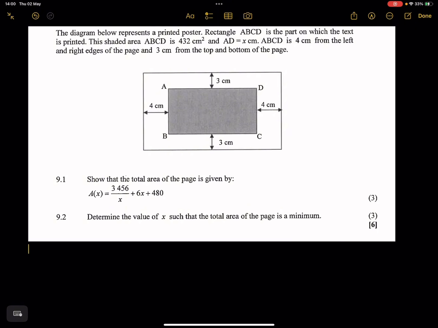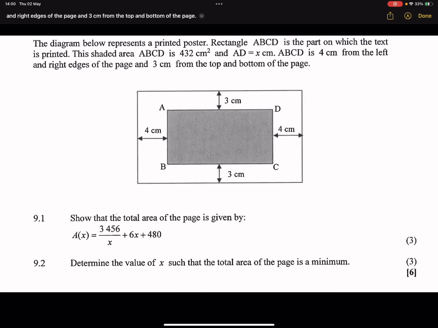So AD, we might as well just show that there. So this here would be equal to x. And they say ABCD is 4 centimeters from the left and right edges of the page and 3 centimeters from the top and the bottom of the page.